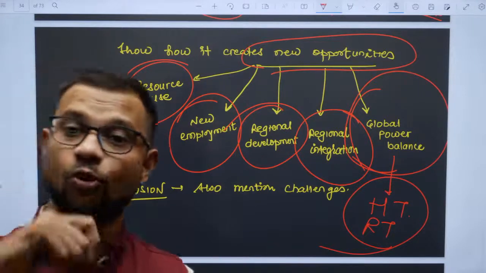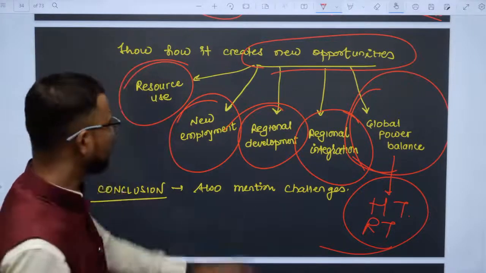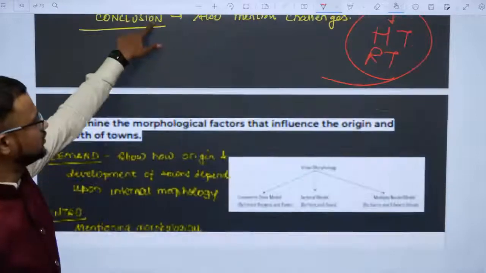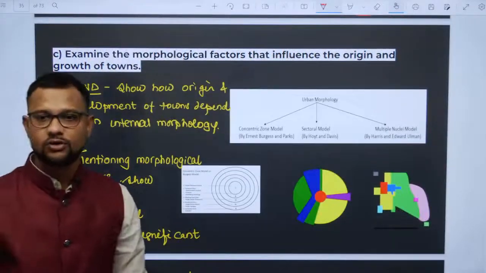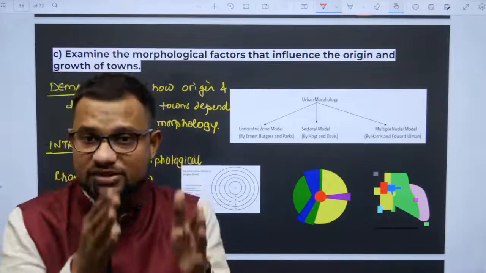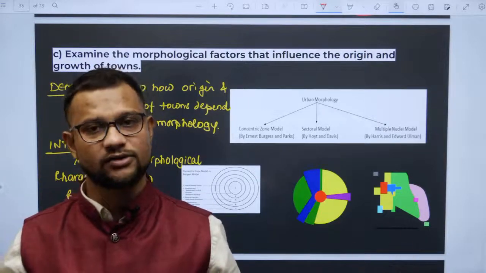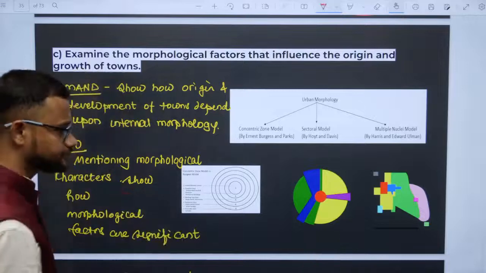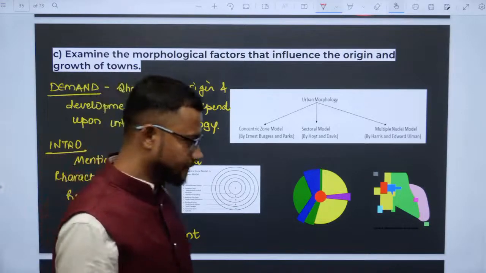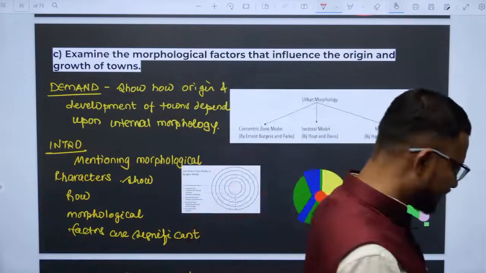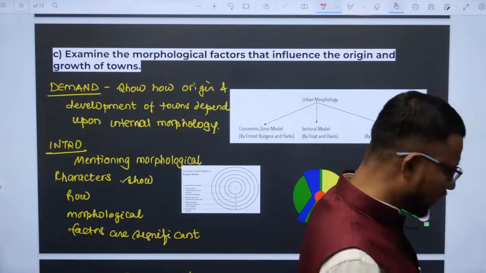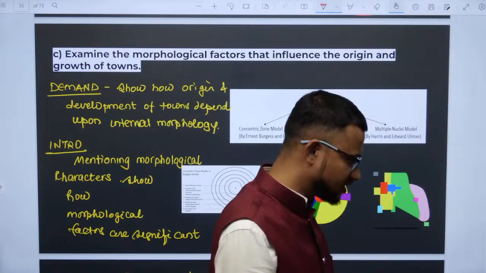Make this answer more geographical in nature. You can draw a world map to make your answer even more impressive. Okay? So this is about how the changing global pattern offers us new opportunities. Keep it more diverse. Guys, are you getting this? How to make your answer multidimensional in nature?